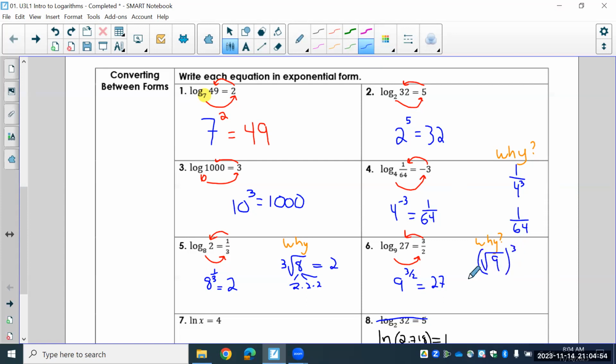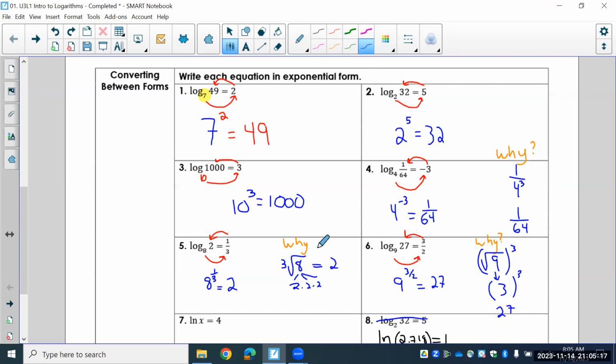Please remember that with fractional exponents, the denominator is the root and the numerator is the exponent. So what is the square root of 9? Well, that's equal to 3, right? So that becomes 3. And then if I cube this, I would get 27. So a logarithm will always come from a true fact in the exponential world. That's an important thing to remember as a student.